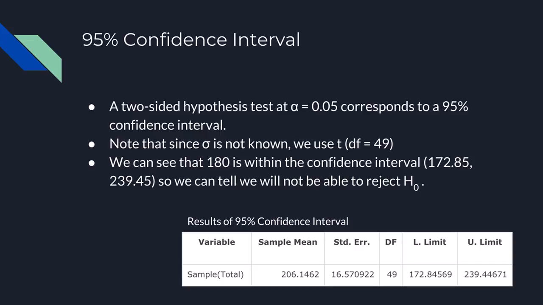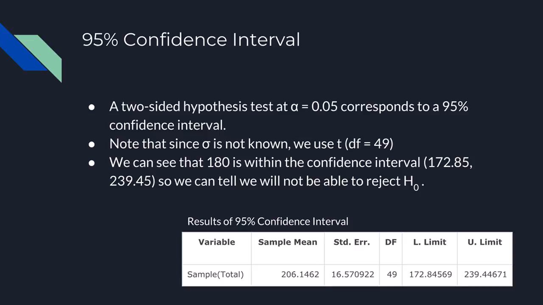So first of all, computing our 95% confidence interval. Essentially, I decided on 95% because we are doing a two-sided hypothesis test at alpha equals 0.05, which corresponds to a 95% confidence interval, since confidence intervals are two-sided by nature. I produced the results below, but first note that since we do not know the population standard deviation, we use T, with degrees of freedom equal to 49 since we have a sample size of 50.